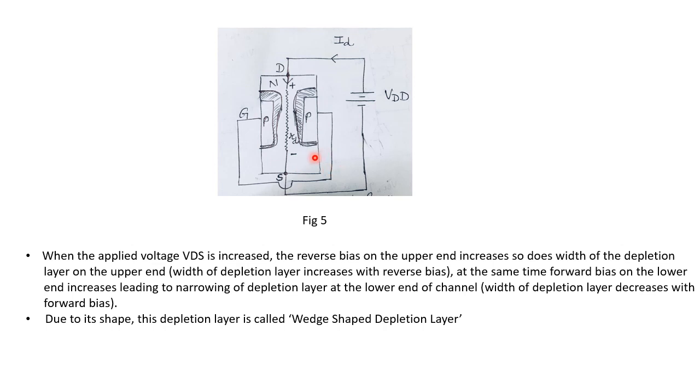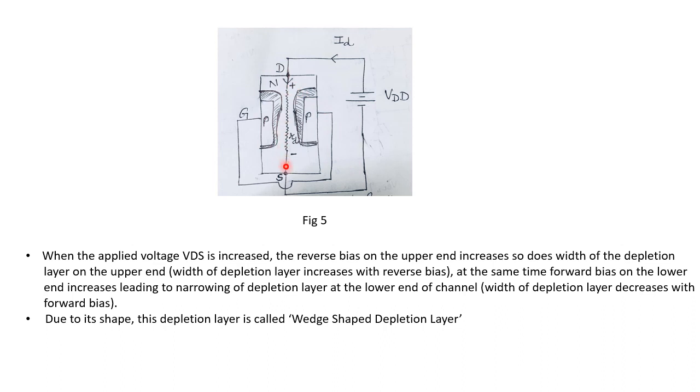So when the source is connected to the negative terminal, the electrons will be repelled by the negative terminal and attracted towards the positive terminal. So there is a continuous flow of electrons from the source towards the drain, and a current will start flowing.